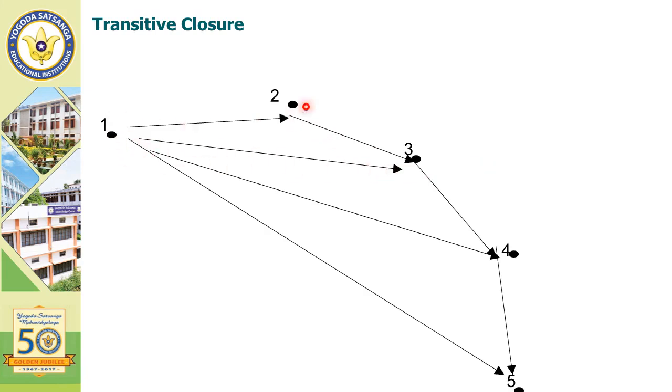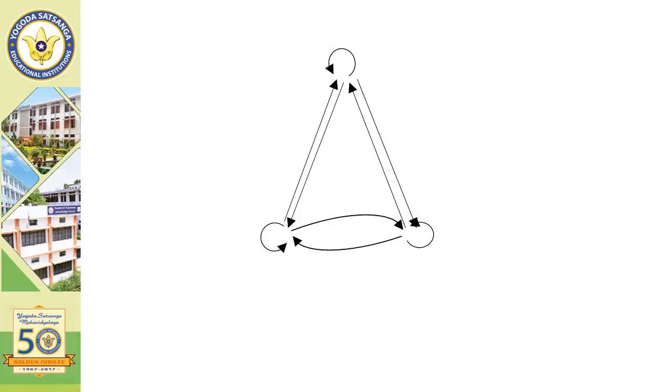In this way, (1,2), (2,2), (2,3), (3,2), (2,4) gives (1,4). Adding the diagonals to the edges between the nodes, it becomes a transitive closure. The figure shows that it consists of reflexive closure, where all the nodes are reflexive, symmetric closure, and transitive closure.